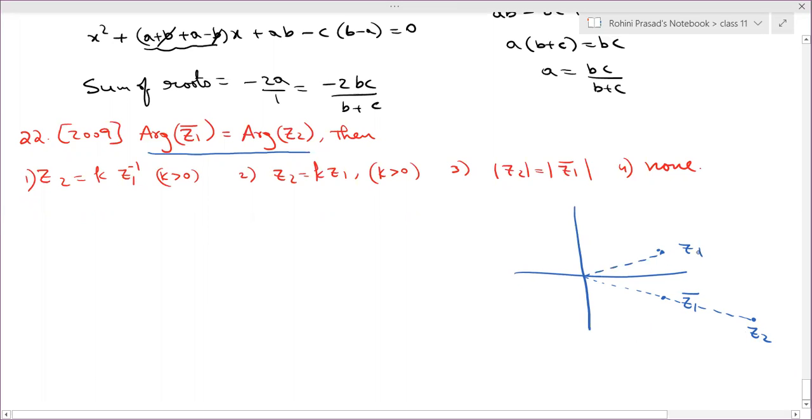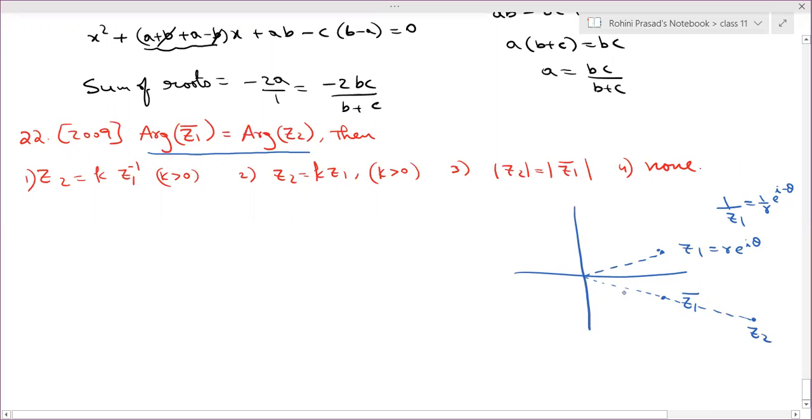If you take the argument of 1 by z1, suppose z1 equal to r e power i theta, then 1 by z1 equal to 1 by r e power i theta, in the denominator, so e power i minus theta.